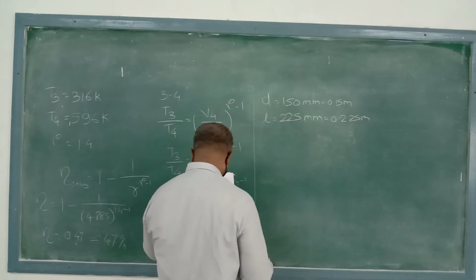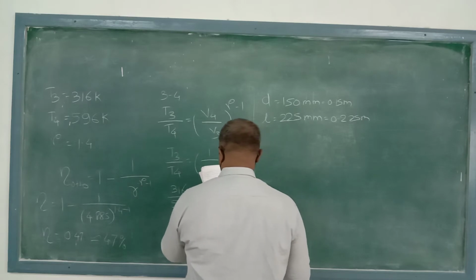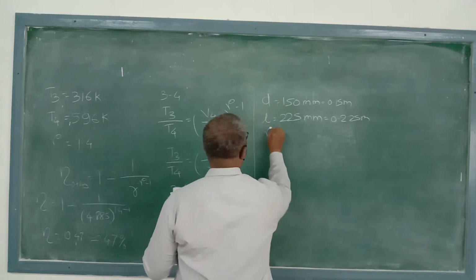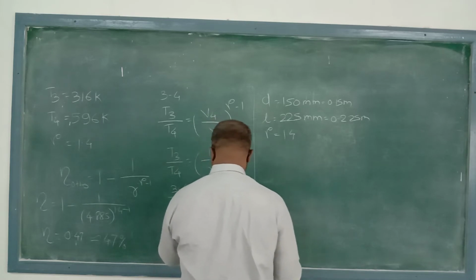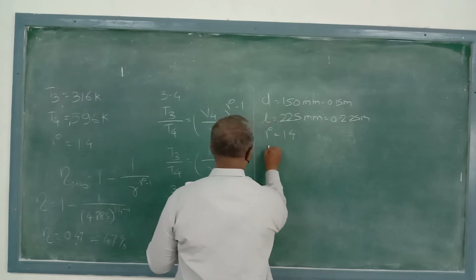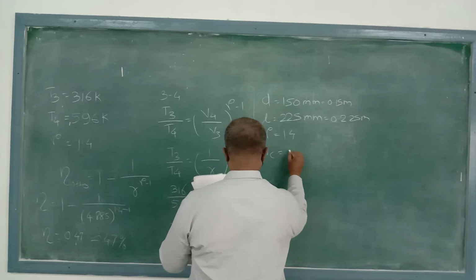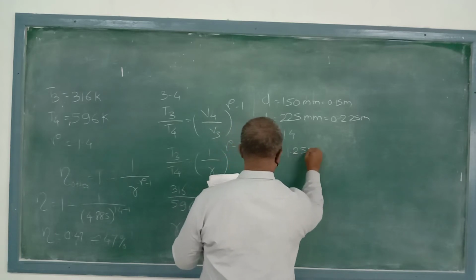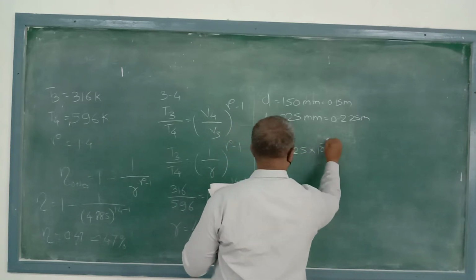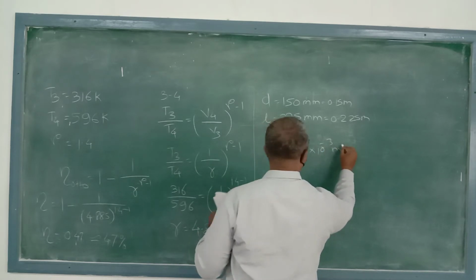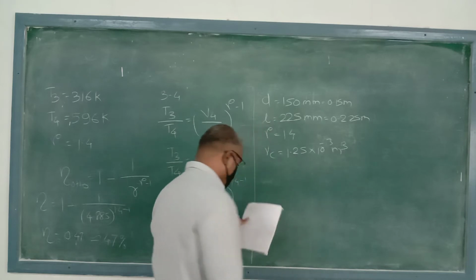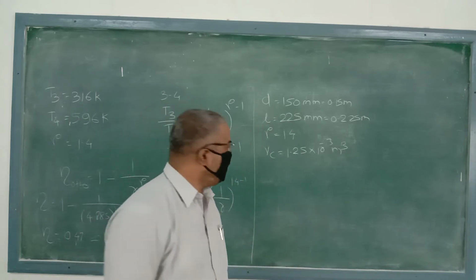Next, the value of gamma is mentioned, and the clearance volume they have given: Vc is equal to 1.25 into 10 raised to minus 3 meter cube.